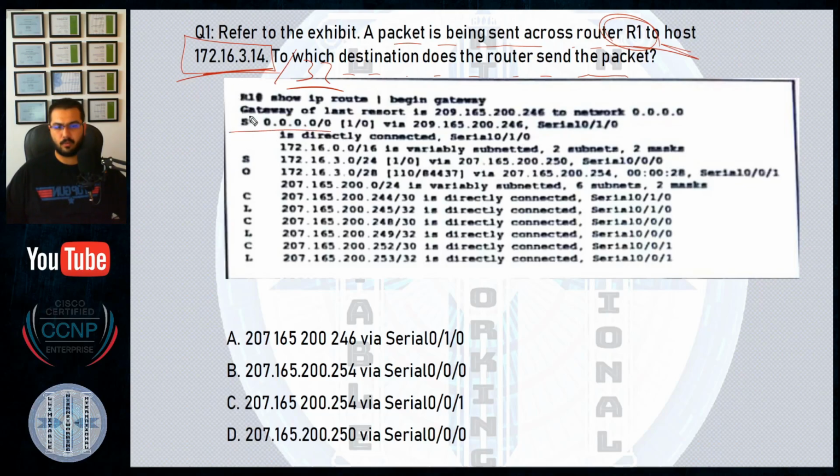This is a static default route. Leave this one, and I can see that there is a 172.16.30.0/24, so .14 is included, so this one is a possibility.